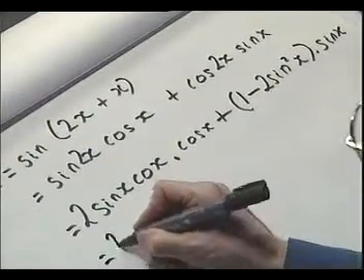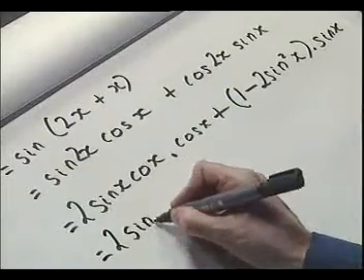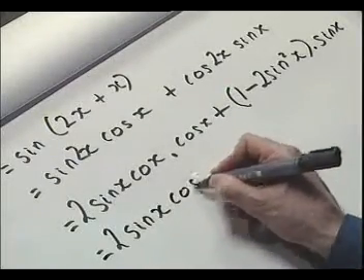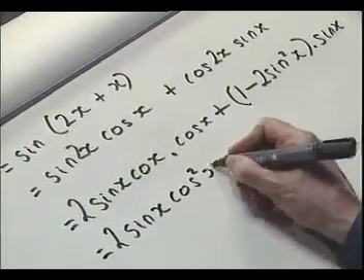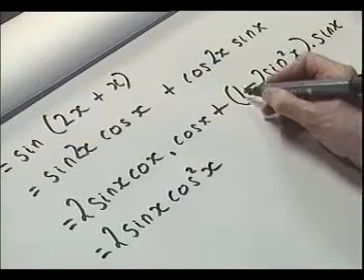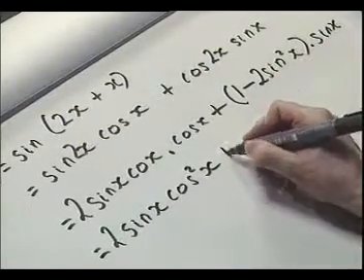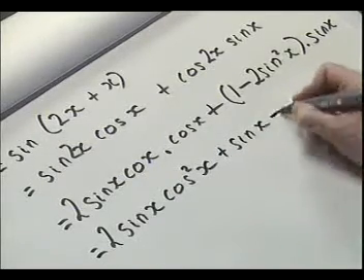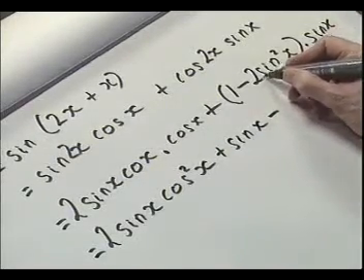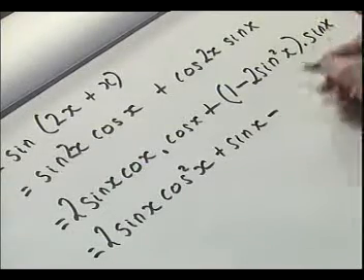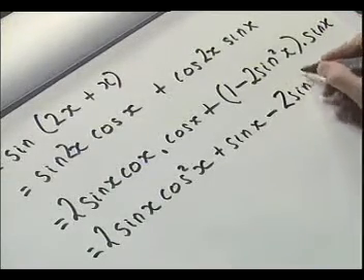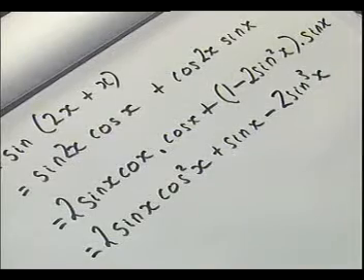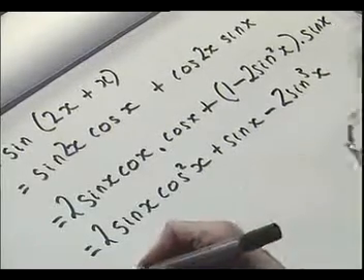So, this front term is going to be 2 sine x cos squared x. 1 times by sine x is plus sine x, minus, and 2 sine squared x times by a sine x is sine cubed x. Well, we're getting there.